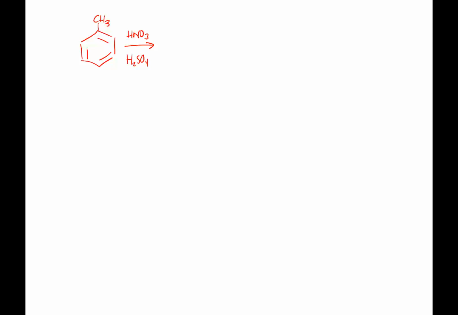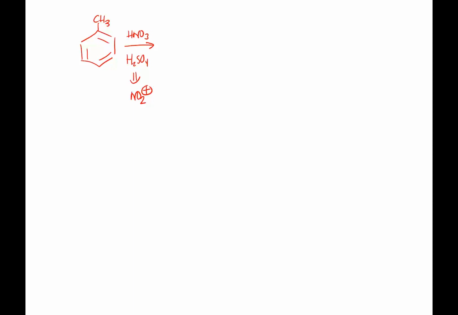So the first thing we need to do is look at our reagent and know what electrophile we generate. Okay. So while hopefully on Wednesday you'll have all of the groups in order of activating, deactivating, etc., that's only half the battle. The other battle is you need to know what reagents form what electrophiles.